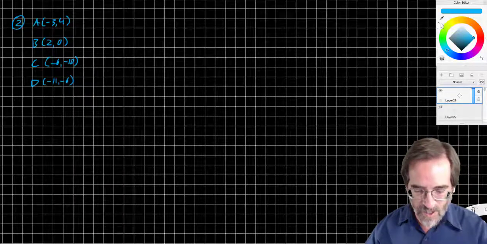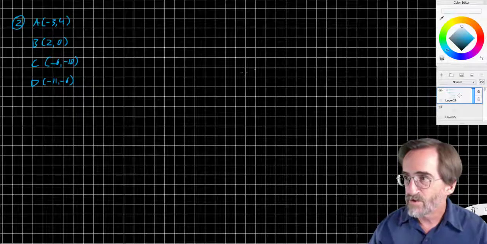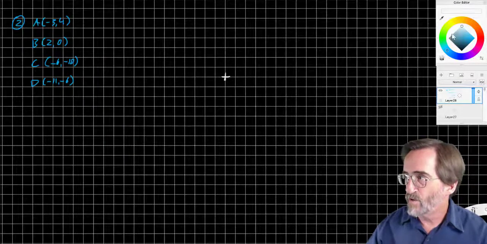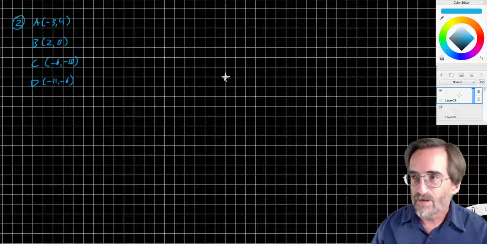So this is a lot of negatives, so we're going to be using the third quadrant quite a bit. A is at -3, 4.